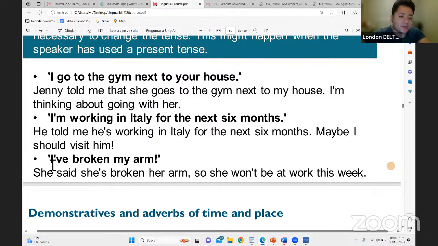I've broken my arm. Algo reciente también, ¿no? Me dijo que ella se ha roto el brazo. Algo que ha pasado de forma reciente. So she won't be at work this week. Okay. So any questions? It's not always necessary to use the backshift in reported speech. Any questions?